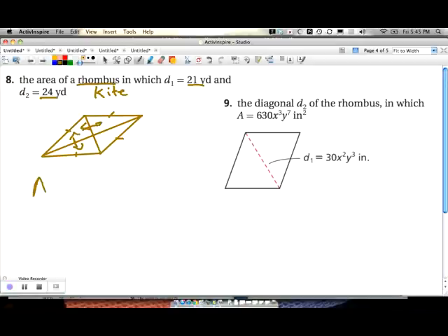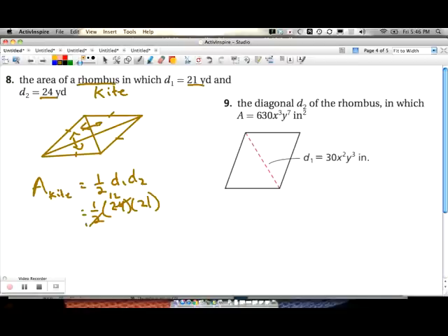And the area of a kite is equal to 1/2 the product of the diagonals, if we multiply diagonal 1 times diagonal 2. So all I gotta do is plug in the pieces I need. I have 24 and 21. It doesn't really matter what order they go in. Half of 24 is really going to be 12 over 1.